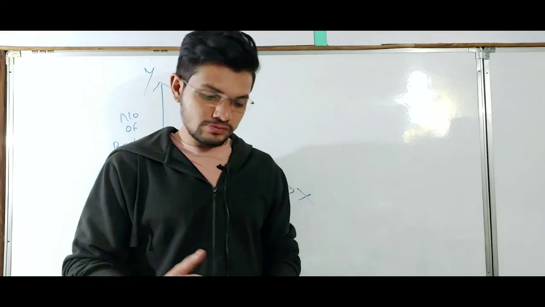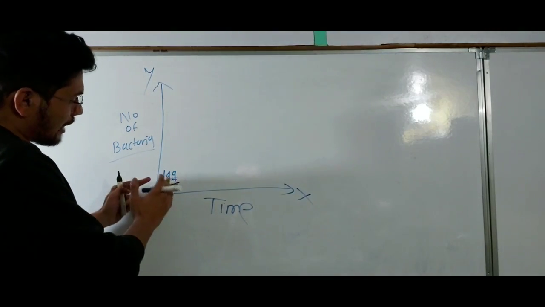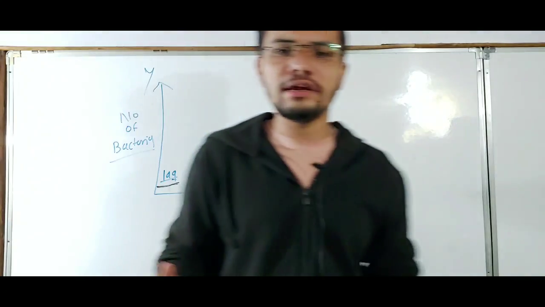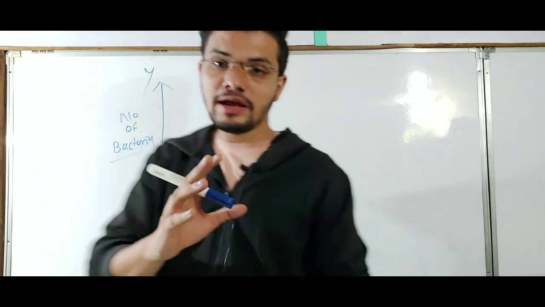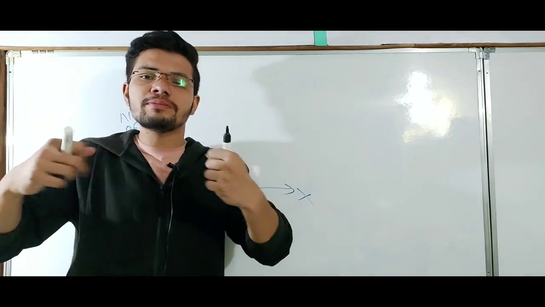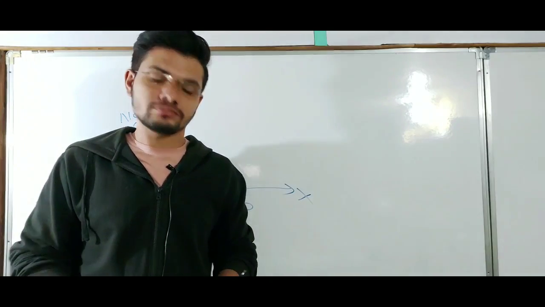In this way binary fission occurs, and after the lag phase, after adapting to the whole environment, they will reproduce by binary fission and their number will increase. They will consume the medium, they will consume the food, and they will reproduce themselves.